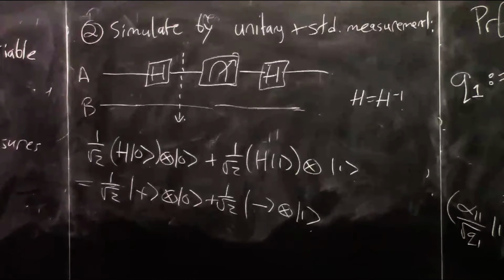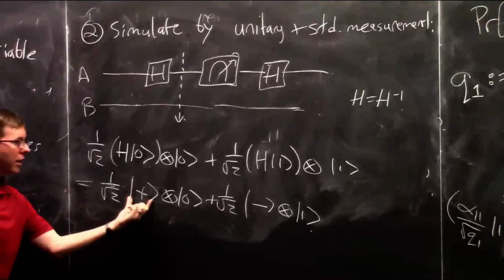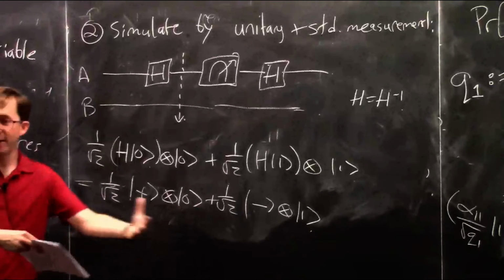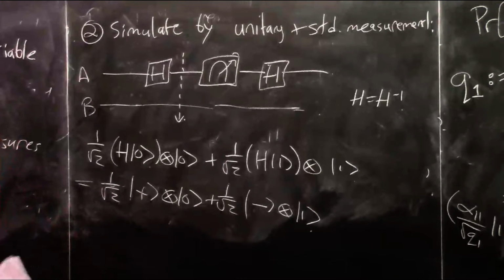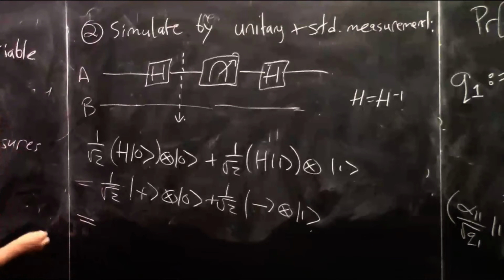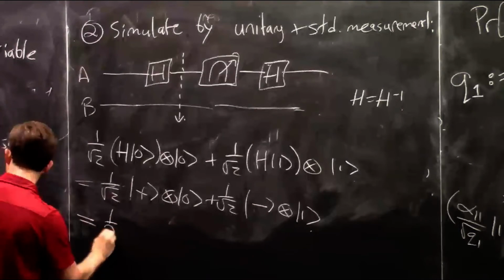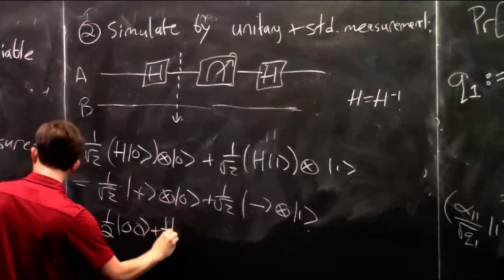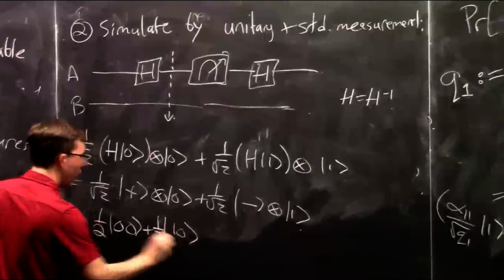Okay, so in order to save space, imagine I had written the definition of plus, and then I expanded it out by distributivity. Then what would I get? I'm just skipping a step here. I would get 1/2, 0, 0 plus 1/2, 1, 0.